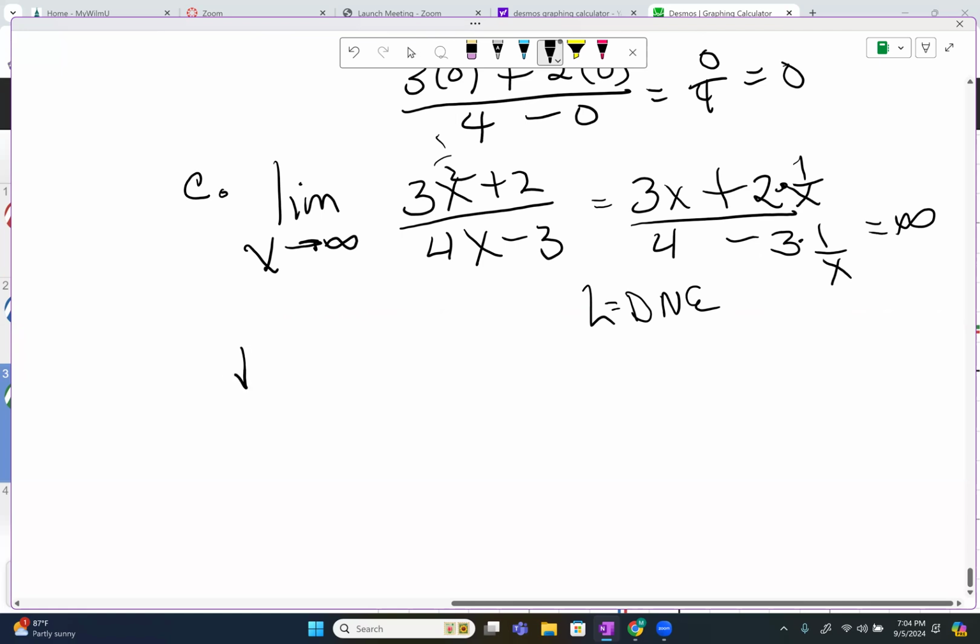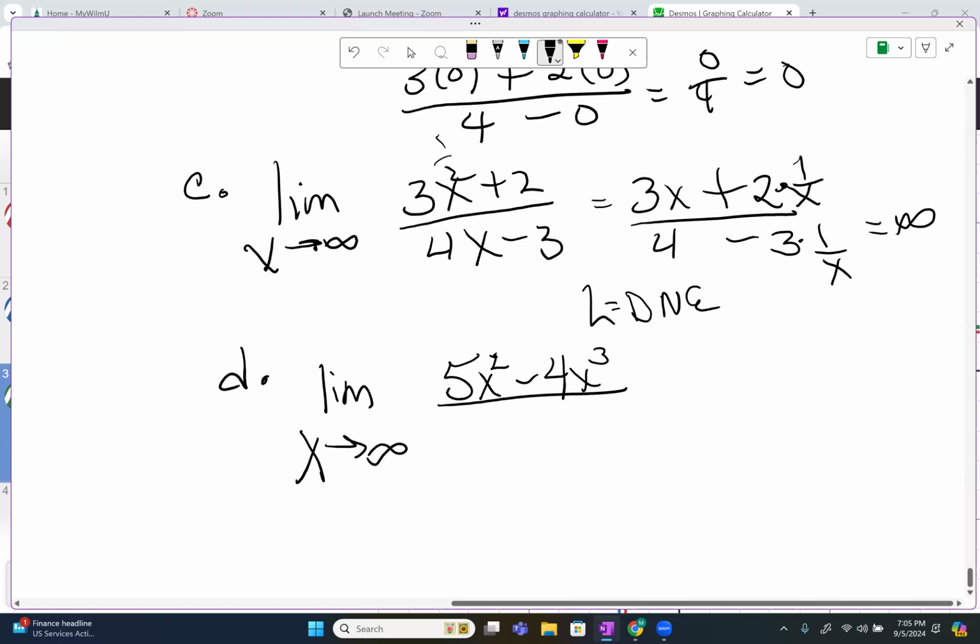And for D, we have the limit, as x approaches infinity, of 5x squared minus 4x cubed, and this is divided by 3x squared plus 2x minus 1.